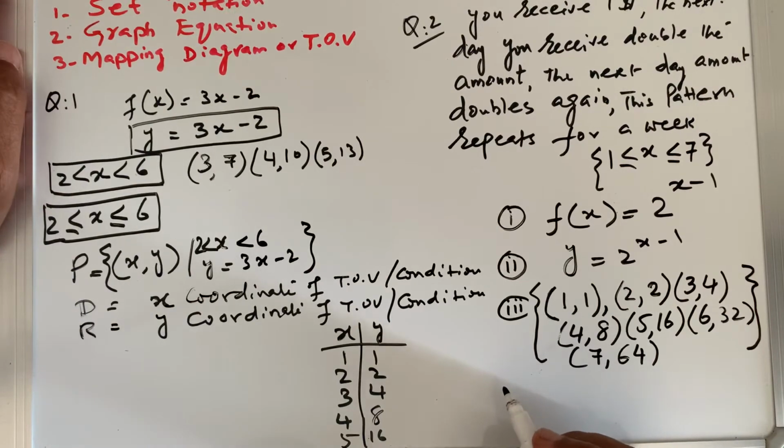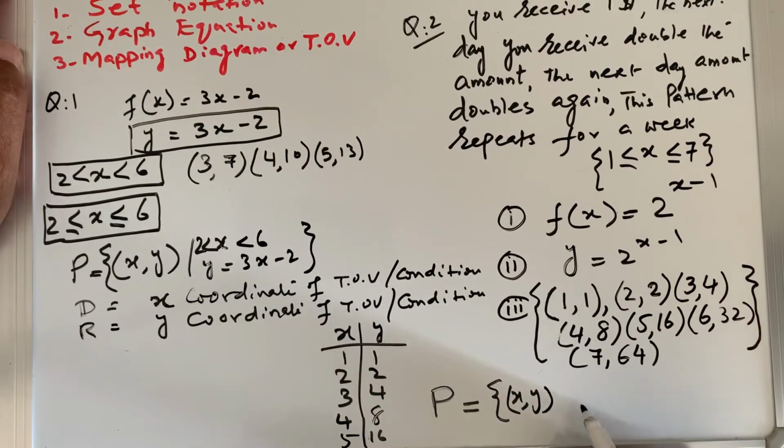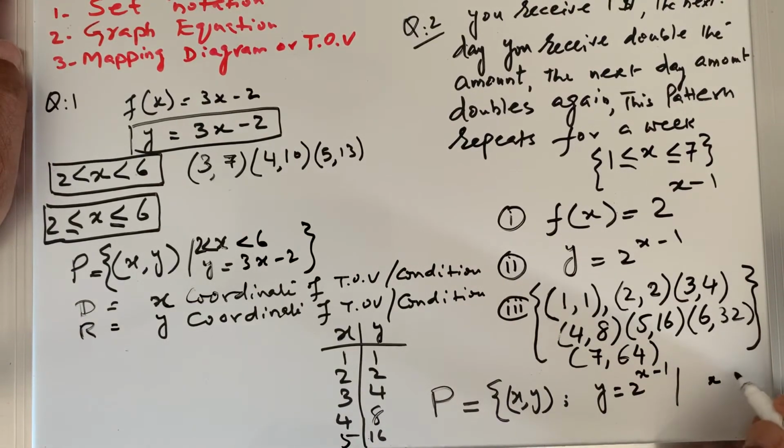And if you want to give the set notation, you have to state the notation of this set, P or R, whatever notation you take, that will be stating both conditions, like it consists of all ordered pairs X and Y such that Y is equal to 2 to the power X minus 1, such that X is only limited between 1 and 7.